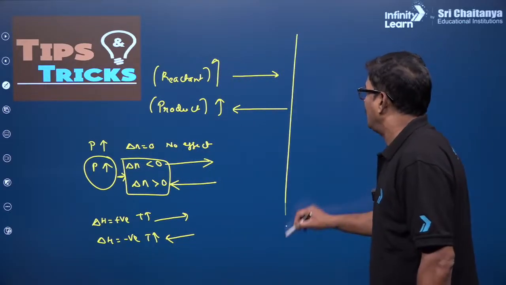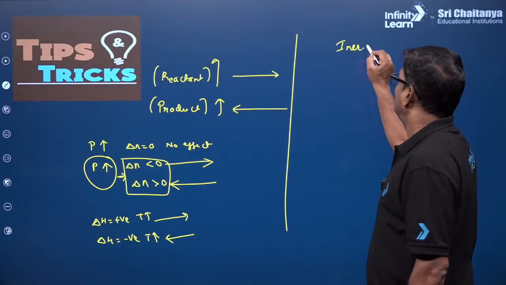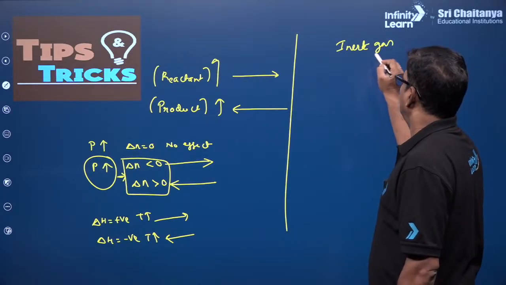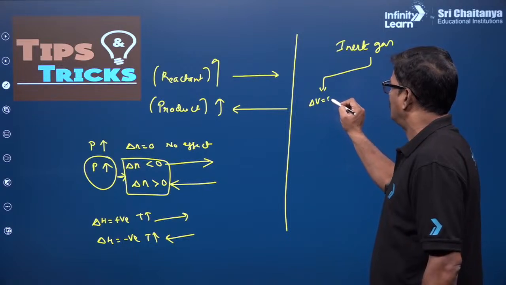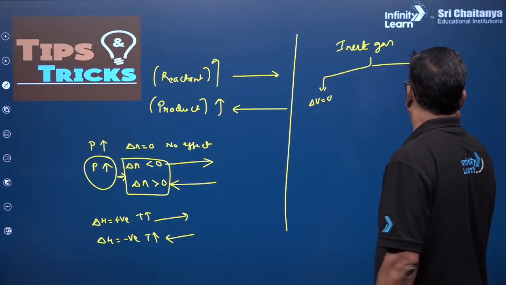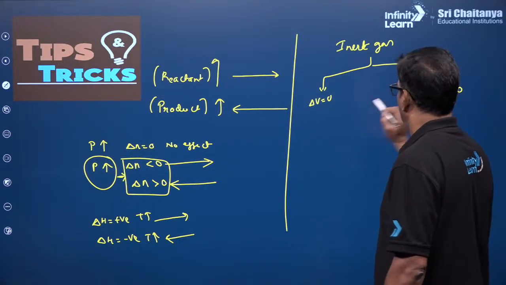Inert gas, very important. If inert gas is introduced at constant volume, where change in volume is 0 and change in pressure is 0, there is no effect.